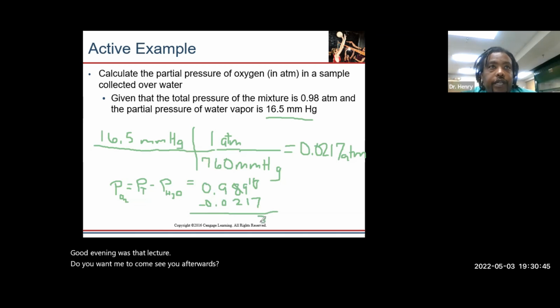Okay, so that's 3, 8, 5. Okay, so how many sig figs should I have? 3.